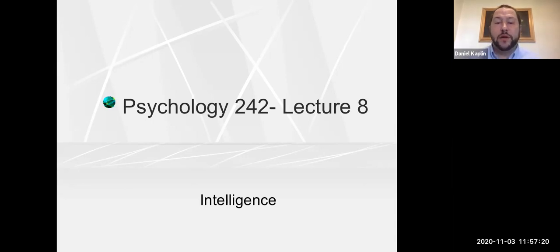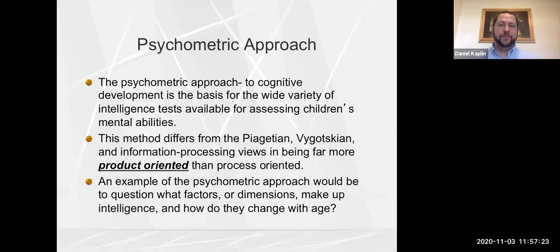So the first thing we're going to talk about is intelligence. So this particular lesson, we're going to apply something called the psychometric approach. And the psychometric approach to development, it measures in a quantitative way mental abilities.